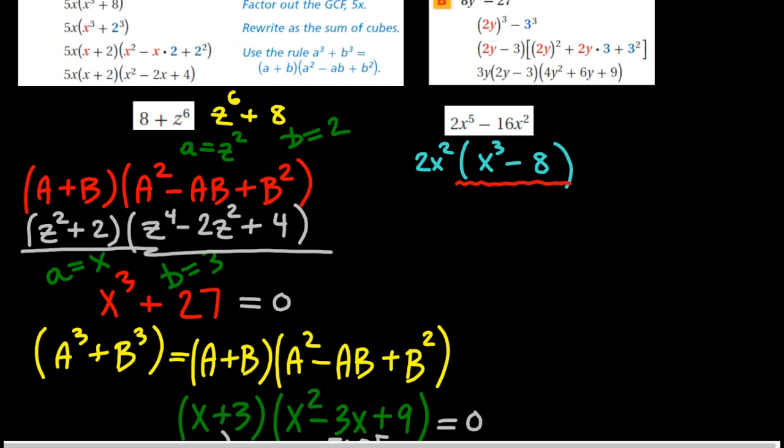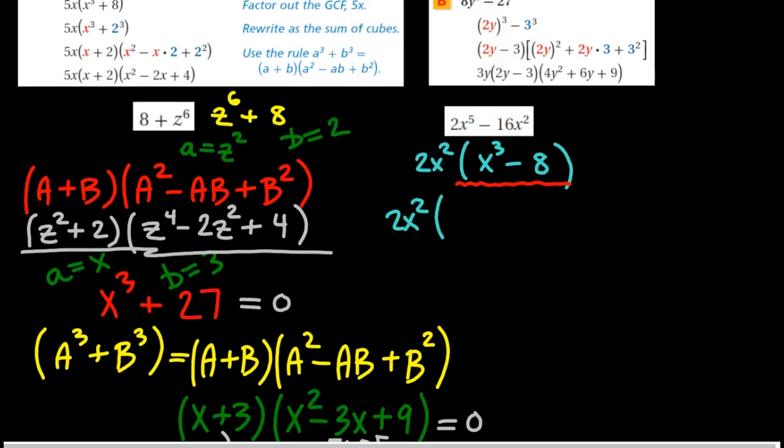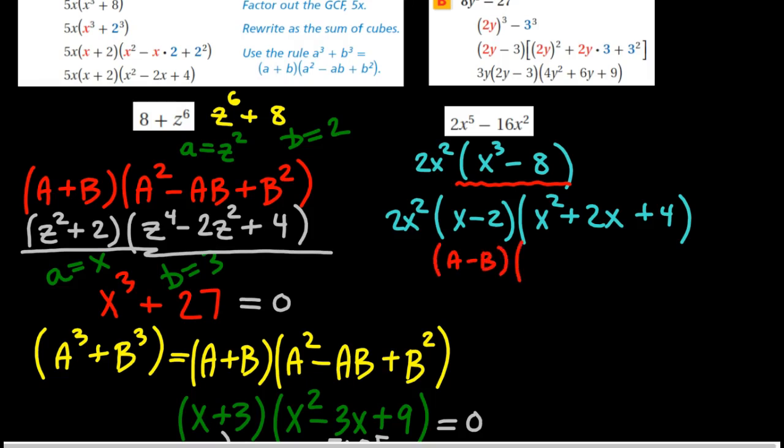So I'd have my 2x squared, and then I'd have my x minus 2 times x squared plus 2x plus 4 after I use my sum or difference of cubes identity. Right, difference of cubes identity, that's a minus b times a squared plus ab plus b squared.